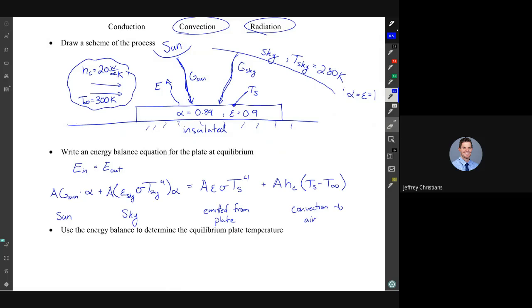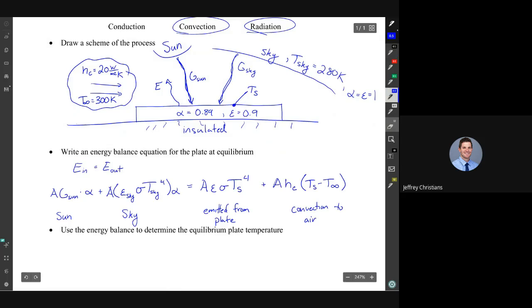And it doesn't really matter, perhaps the equilibrium temperature of our plate is below the temperature of the air, like below 300, which is fine because our signs will work out. If this term on the right ends up being a negative or a positive number, that doesn't really matter. The signs will work themselves out. You don't actually have to know if this is heat coming in or leaving, as long as you track everything the same, the signs will figure themselves out in the end.